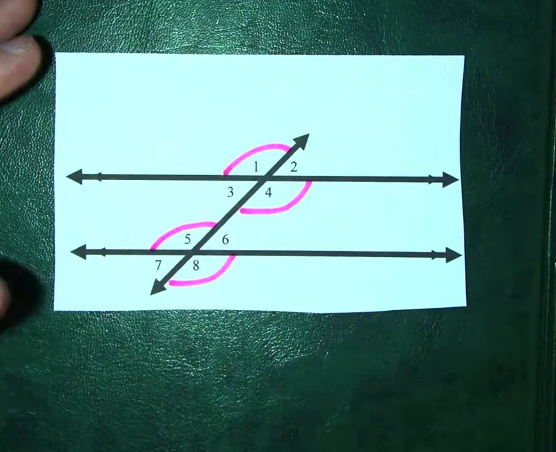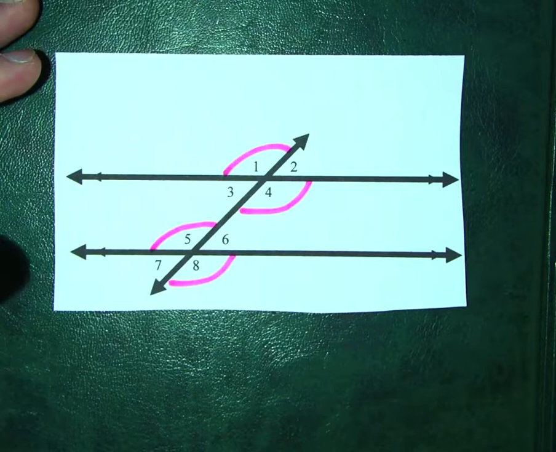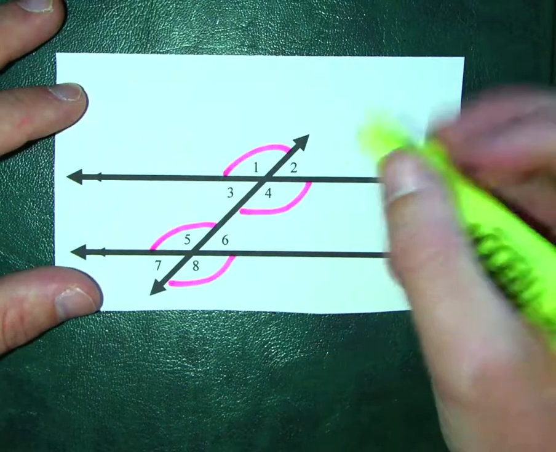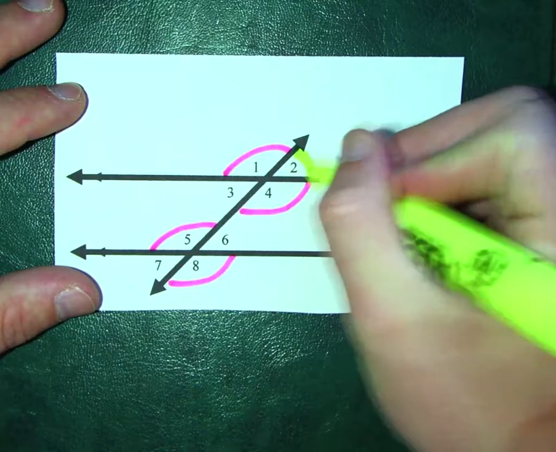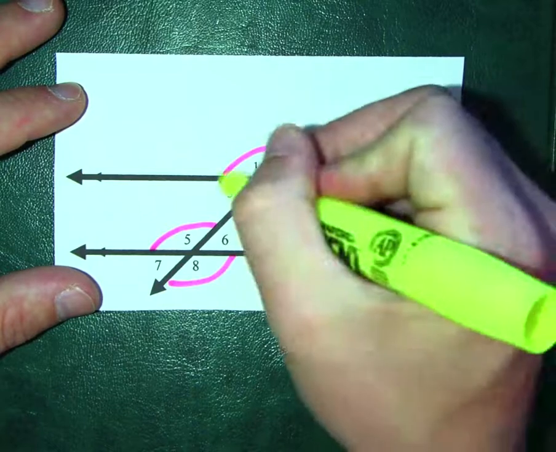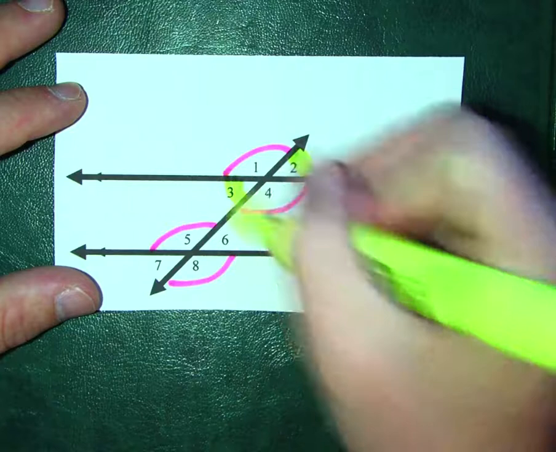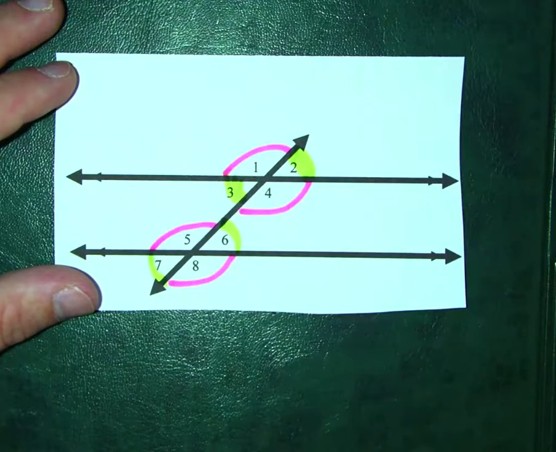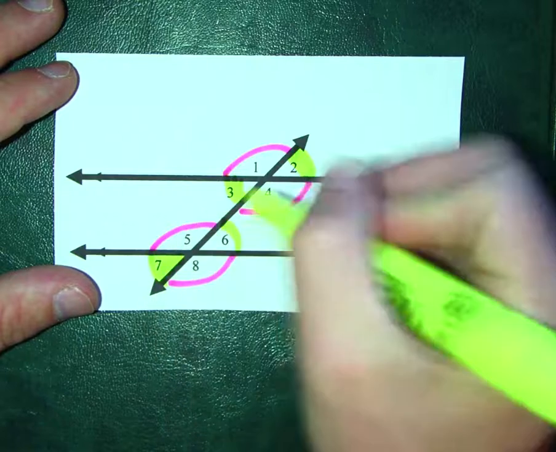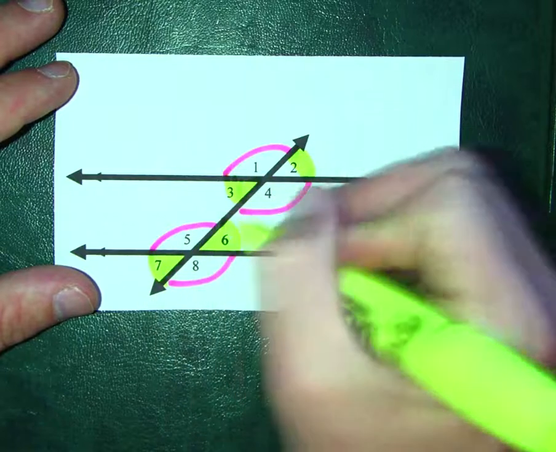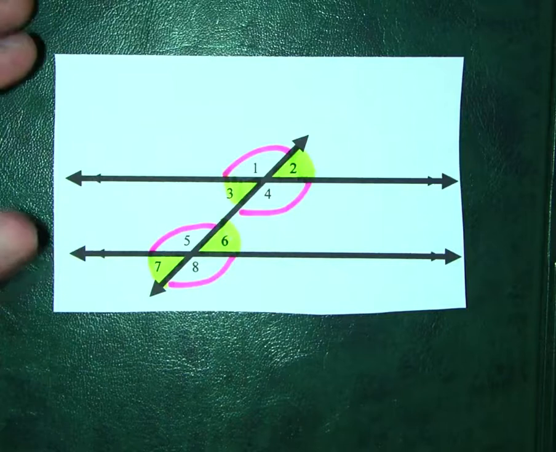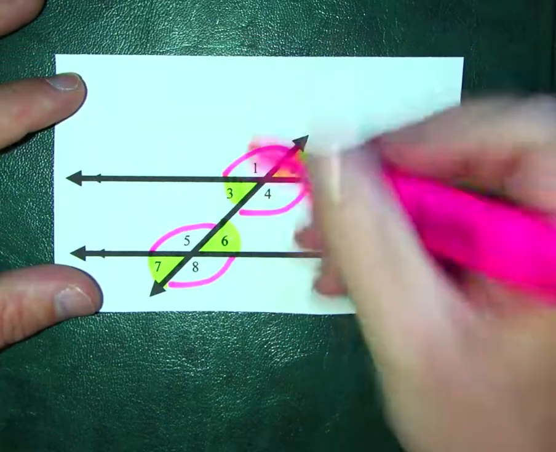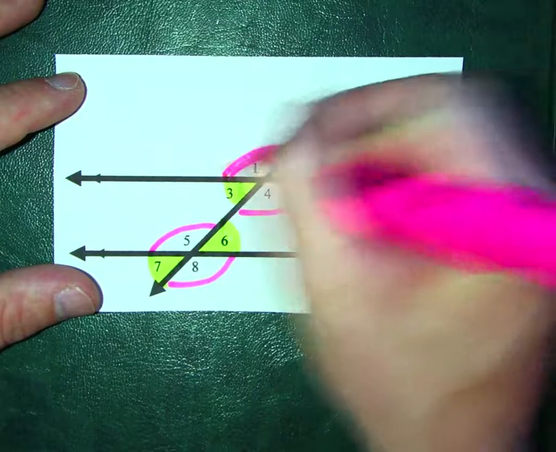But for now, I'm just highlighting all of the congruent obtuse angles, and here are the acute angles. And what we're going to do here is, I guess I can fill these in, doesn't really matter.